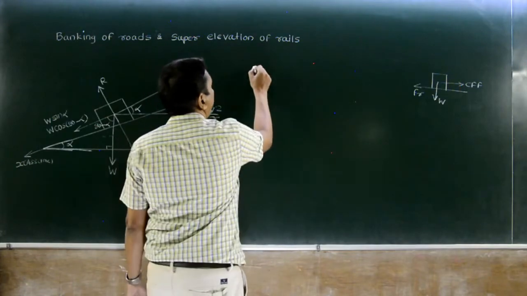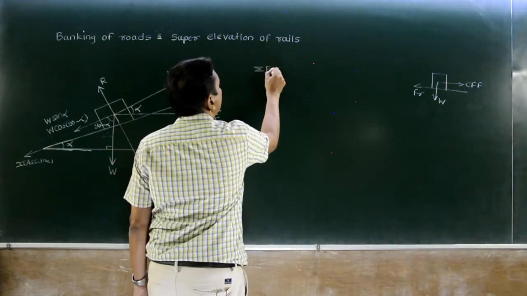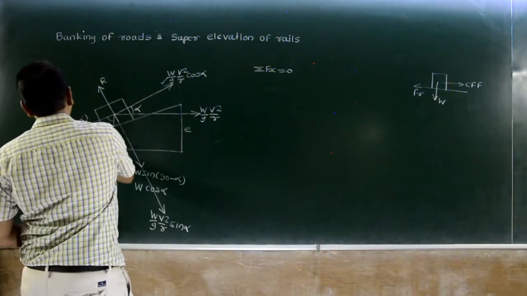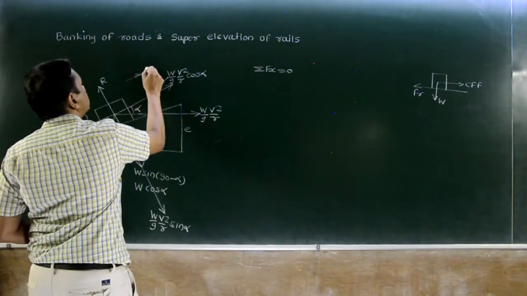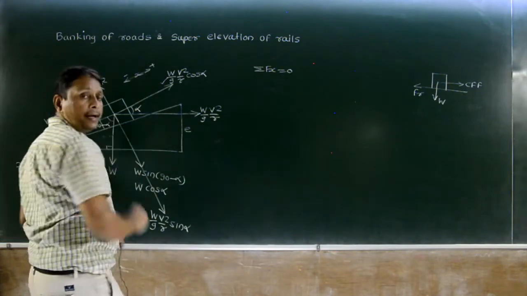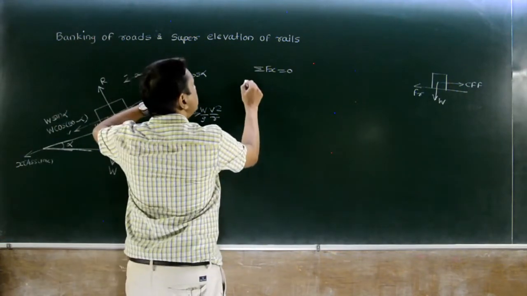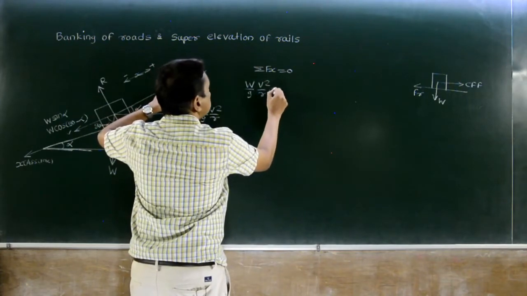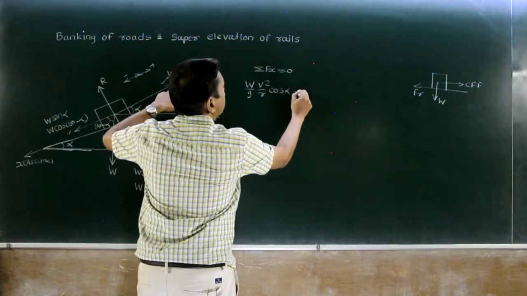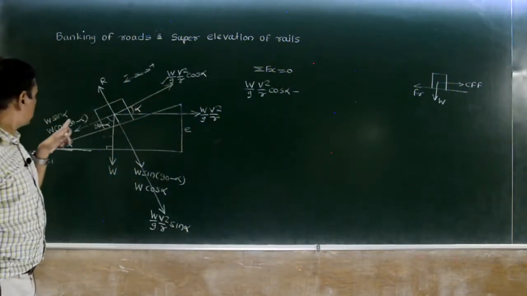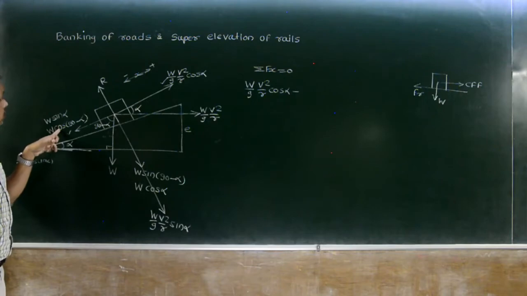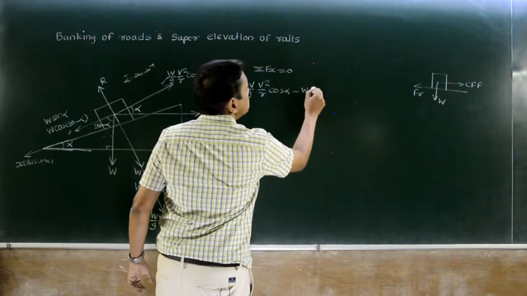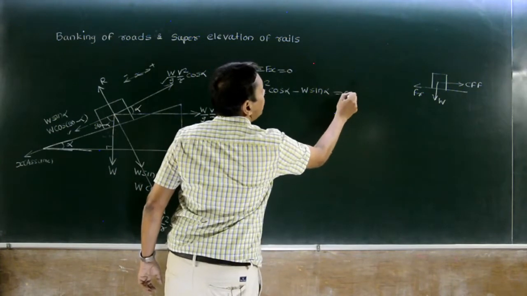So summation Fx equal to 0. I am going to use sign convention now, not the balance word. Only these two components I am going to use, with this sign convention for x: right positive, left negative. So it is W by g, v square by R, cos alpha, minus, since right is positive and left negative, W cos(90 minus alpha), which is W sin alpha, equal to 0.